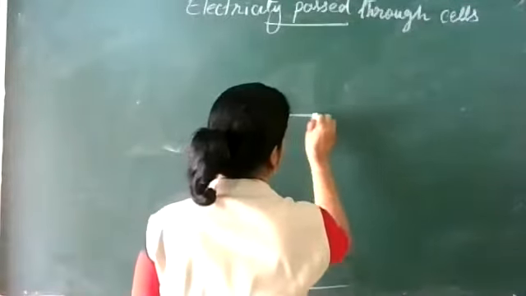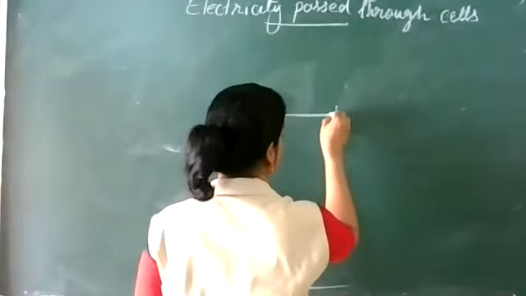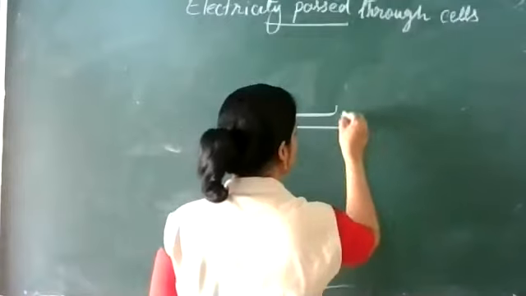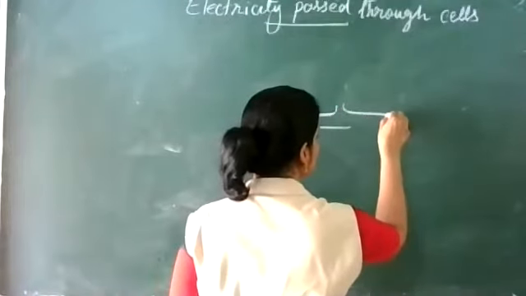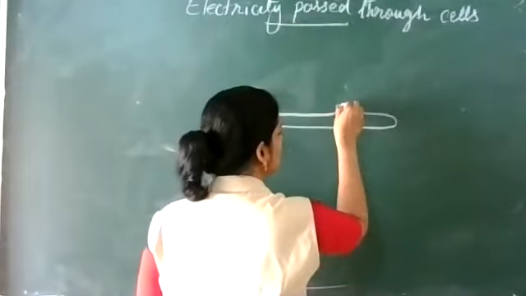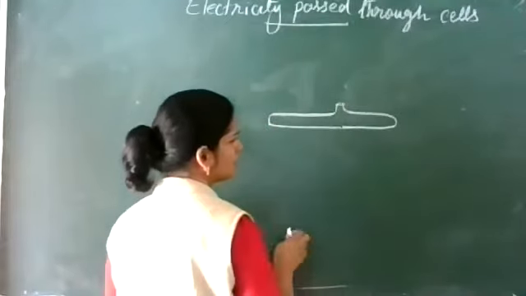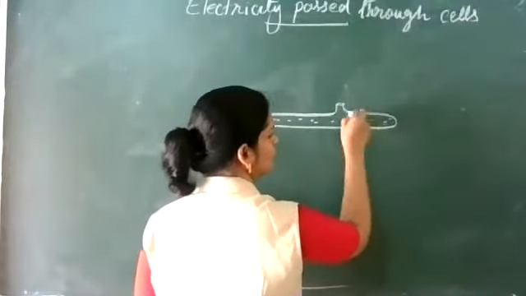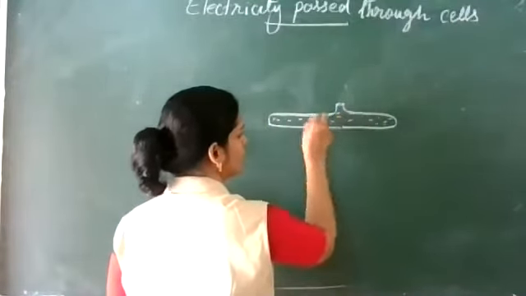So for that we take a conductivity cell. A conductivity cell is a glass tube with an opening. In this we fill sodium chloride solution or potassium chloride solution.